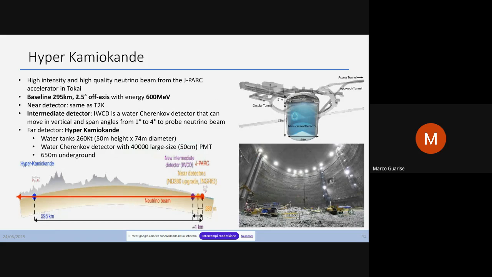And finally, an upgrade of T2K will be Hyper-Kamiokande, which will exploit a larger detector, again in the Kamioka mine but a few kilometers from Super-K. It will be a 260 kiloton water tank, 50 meters high and 74 meters in diameter. This is the excavation of the cavern during the spring, and they will start operation in 2030.